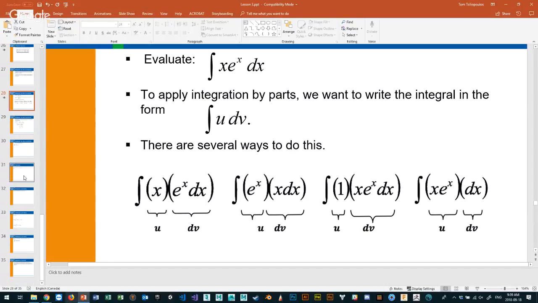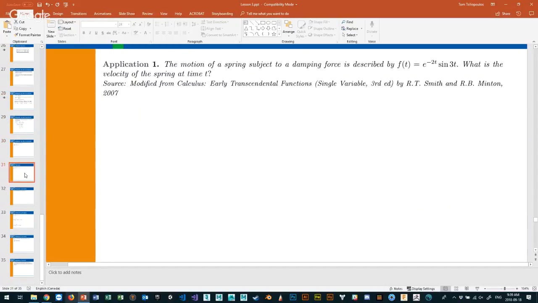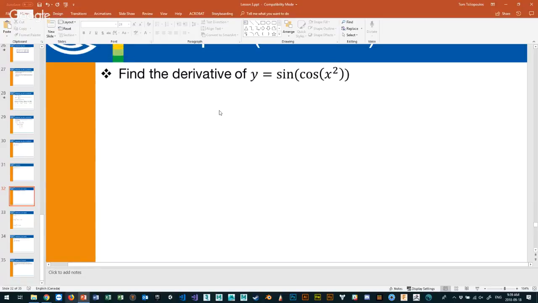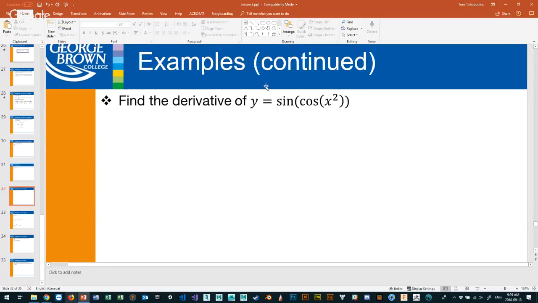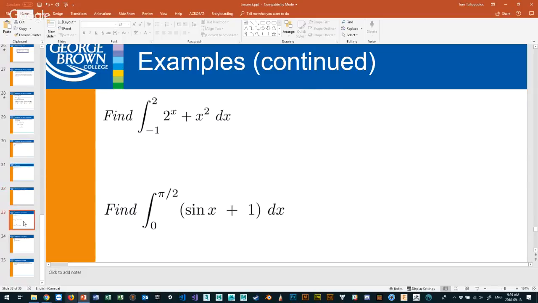So that's one of the questions that we're going to cover in lab. And the other ones are: find the derivative of y equals sine of cos x squared. What I mean here is the antiderivative, how do I go up one? And the other one is to find the antiderivative over a range of numbers. One of them you're going to get is pi over 2 radians, okay?